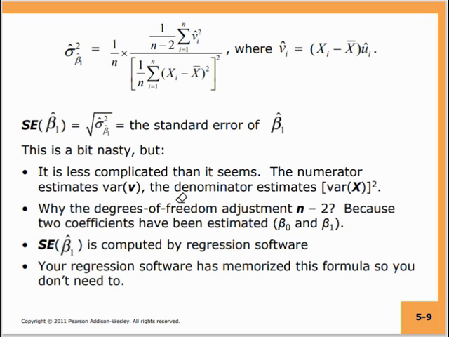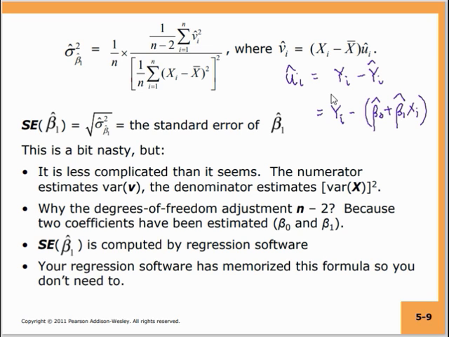The numerator estimates the variance of v, where v is xi minus x bar multiplied by ui hat, and ui hat is given as yi minus yi hat, which is equal to yi minus (beta 0 hat plus beta 1 hat xi).